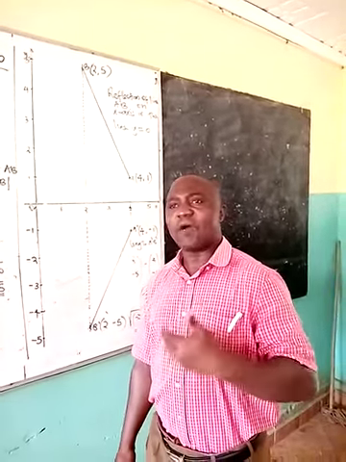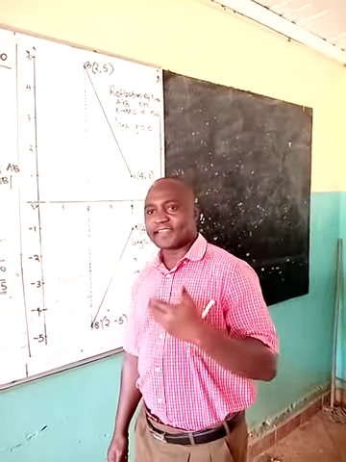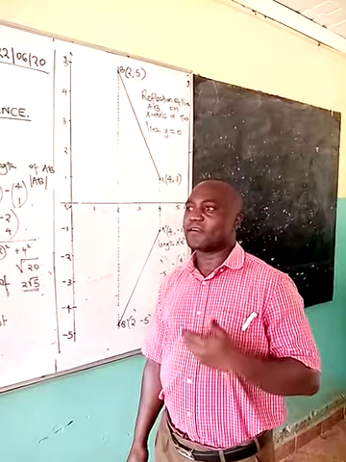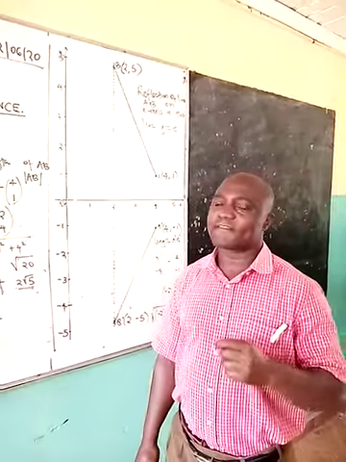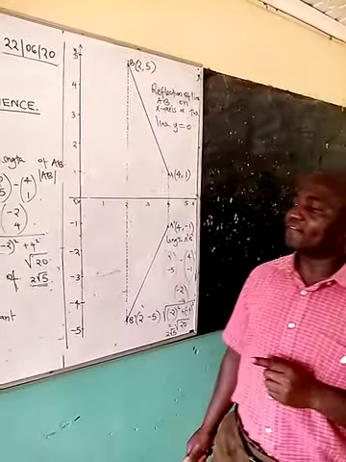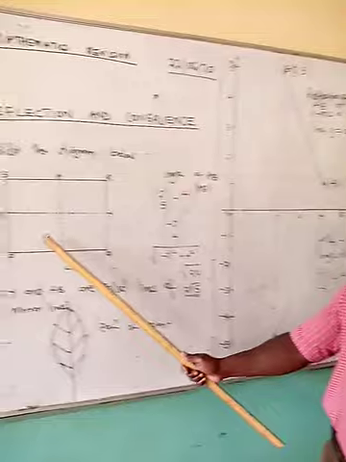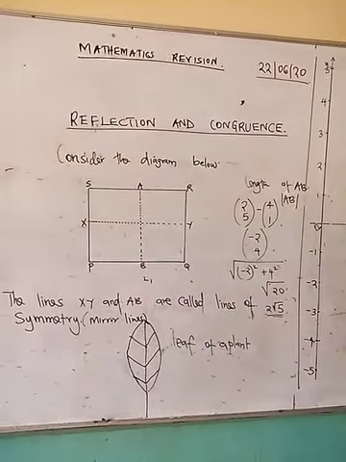And how is this image formed? There is a particular way that the image is formed. One, the object distance from the mirror. We have the mirror line. For example, we can have this diagram here, with XY as the mirror line.